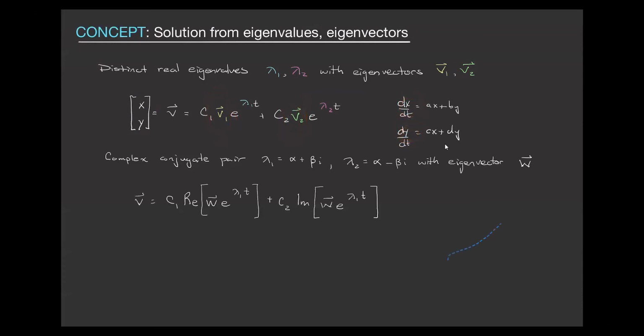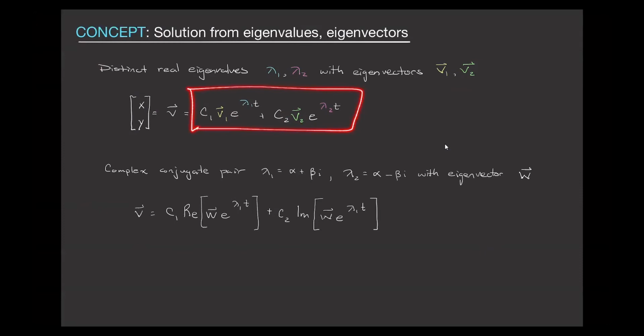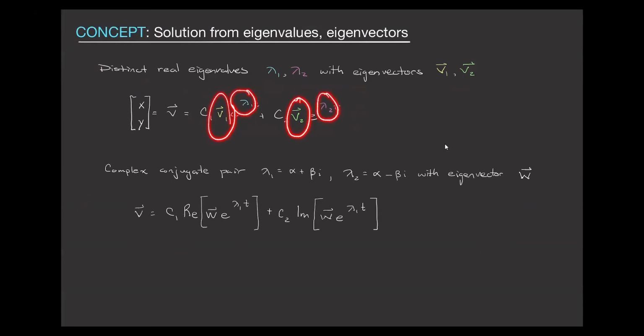In the case of the complex conjugate pair, one way we can write it, and you can do actually the same thing up here, is that your eigenvectors will have complex entries, and then your eigenvalues will be a complex conjugate pair.